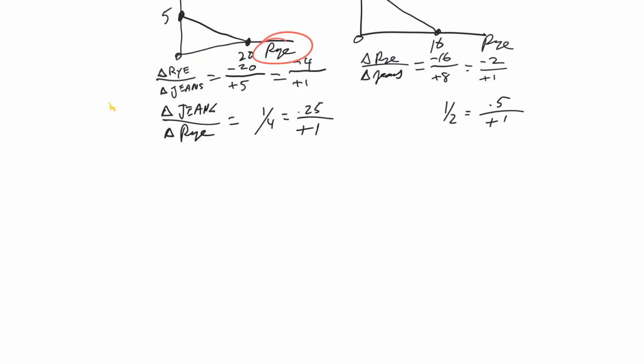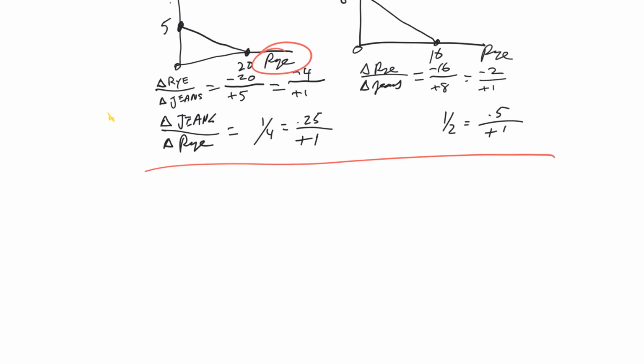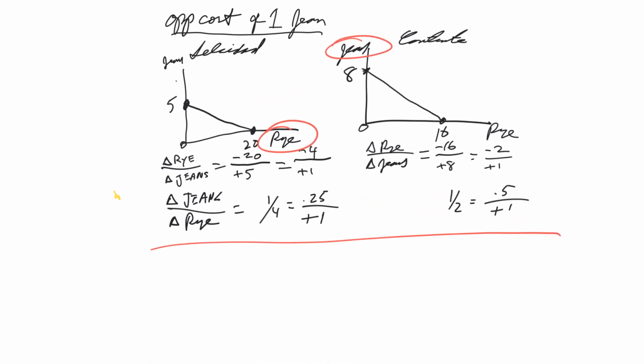Now, they get this great idea to trade. Before they weren't trading. Now they're going to specialize in the area of their comparative advantage. Okay? So they specialize. That means Felicidad is going to put all 4 million hours into rye production.